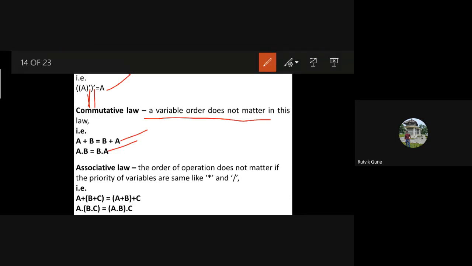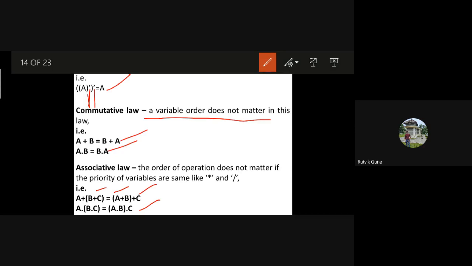A ORed with (B plus C) is equal to (A ORed with B) ORed with C. Similarly, for the AND operation, A dot BC can be written as AB dot C. Up till here, was it clear?